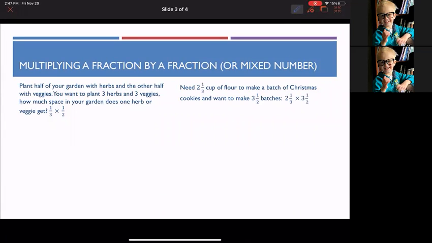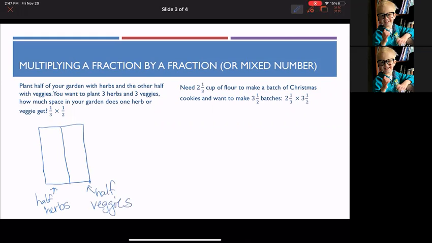So now for the next example, we have 1/3 of a half. We can think again about the area model. We have our garden, and we're going to cut it in half. Here's half for the herbs, half for the veggies.